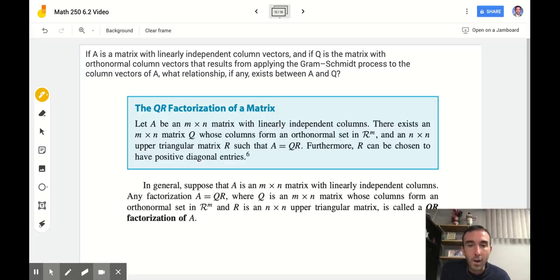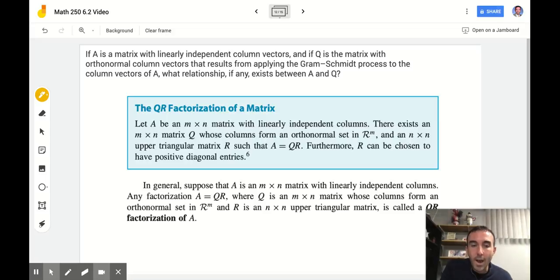So it turns out if A is a matrix with linearly independent columns, and we have our matrix Q that has columns that form an orthonormal set in Rm, there is an upper triangular matrix R such that A equals QR. So once again, these triangular matrices come in clutch to help us rewrite matrices in other forms.